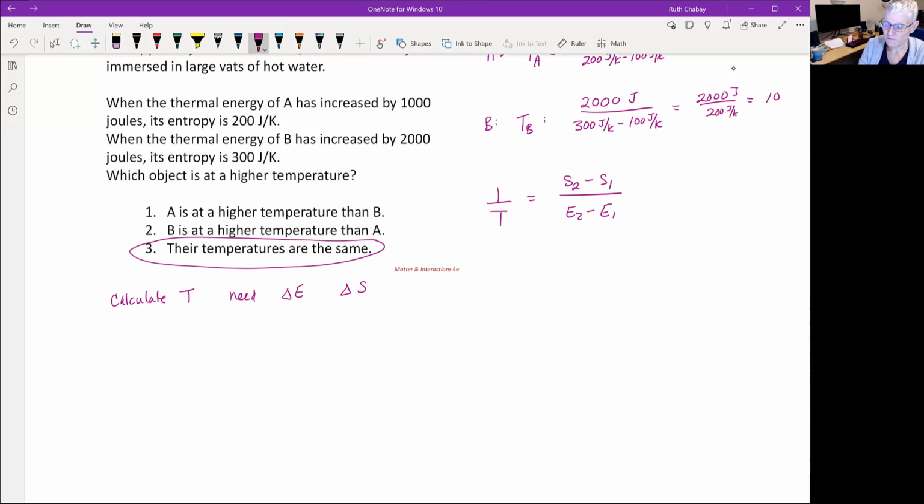So for example, we have a block of metal with 150 oscillators, and the energy of one quantum was 4 times 10 to the minus 21 joules. Calculate its temperature when it's got 11 quanta.